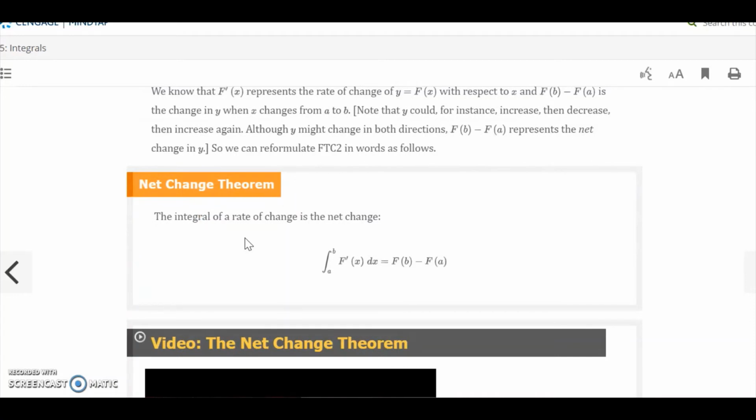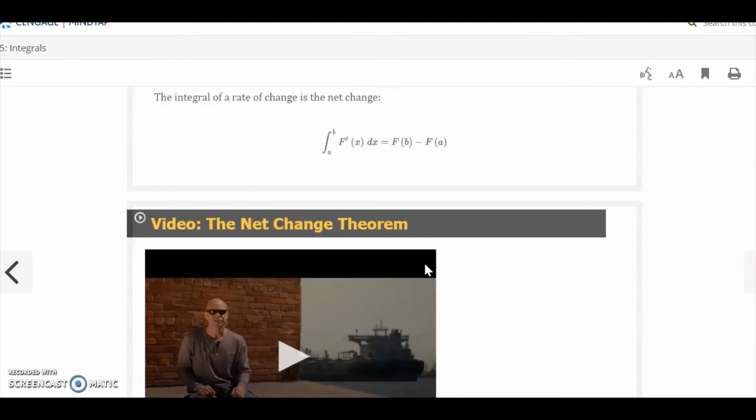So they talk about the net change theorem, and it's basically just what we had before. We're just taking the antiderivative from a to b, so integrating from a to b, and subtracting the upper bound of the antiderivative minus the lower bound of the antiderivative.